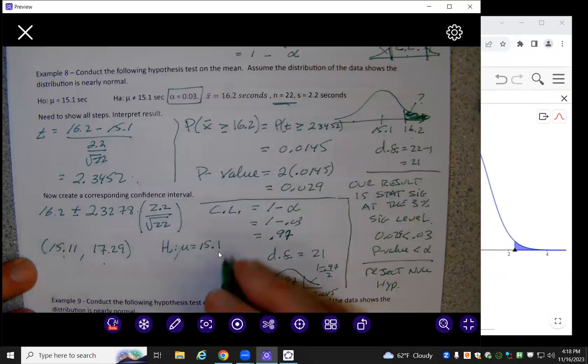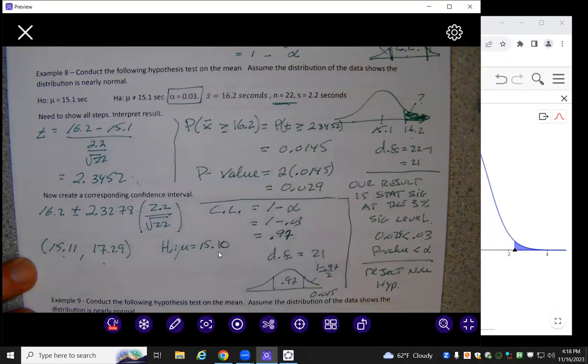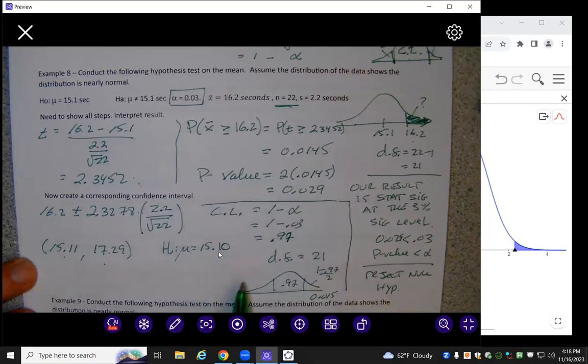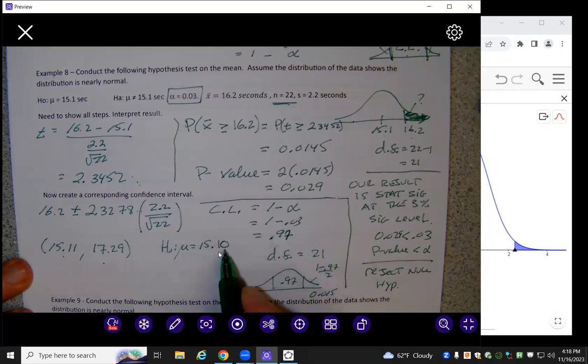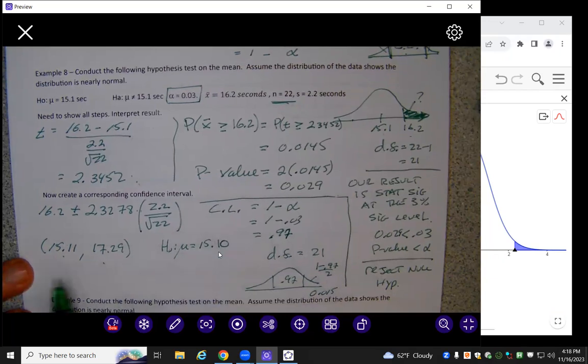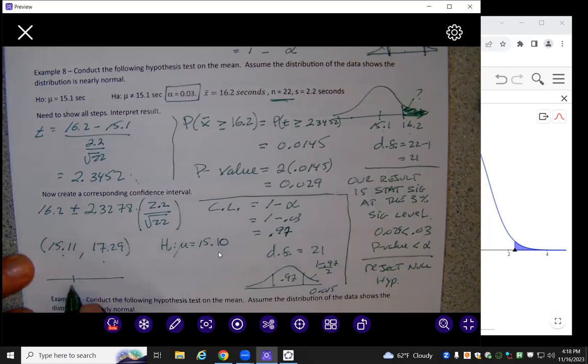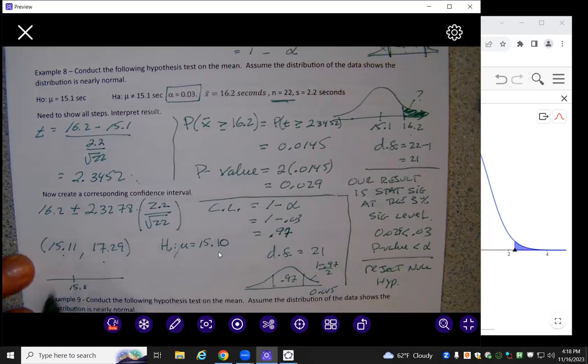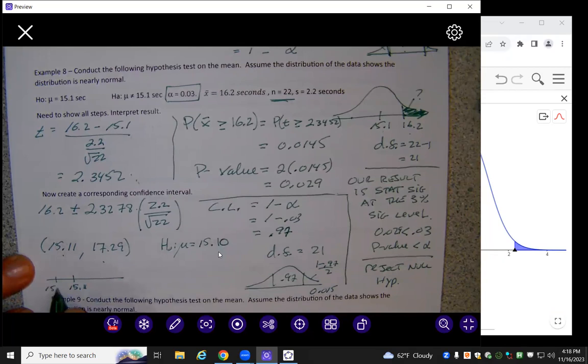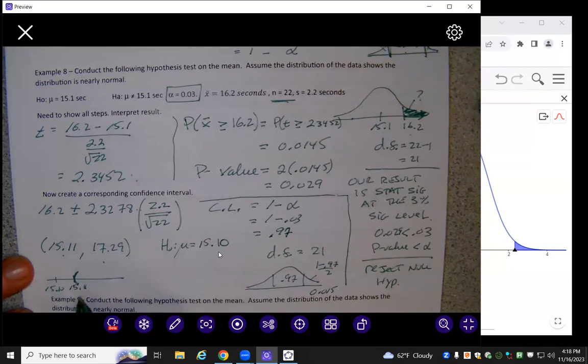And to make my life simple to connect, it is 15.10. Even though we don't do too many significant digits in this class. But notice, here's 15.11, and then 15.10 is outside. So there's the beginning of my confidence interval, and 15.10 is outside.